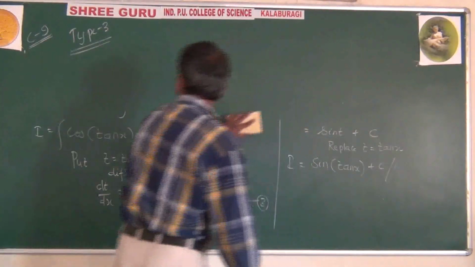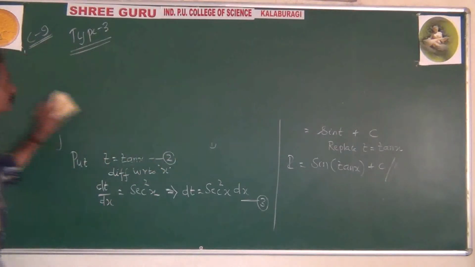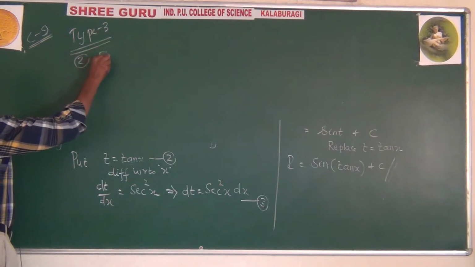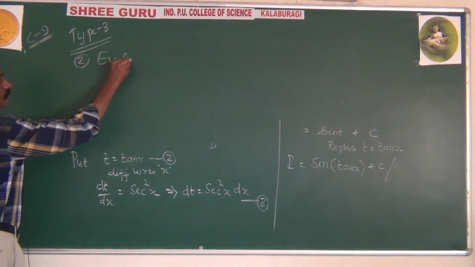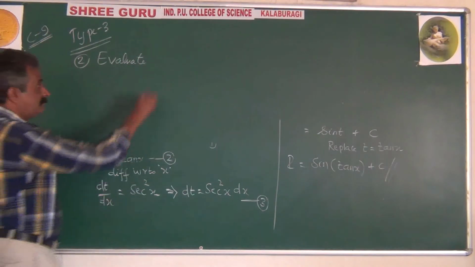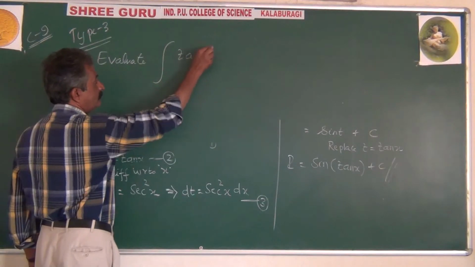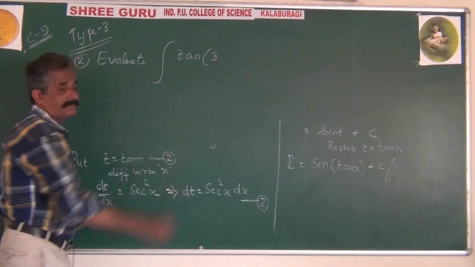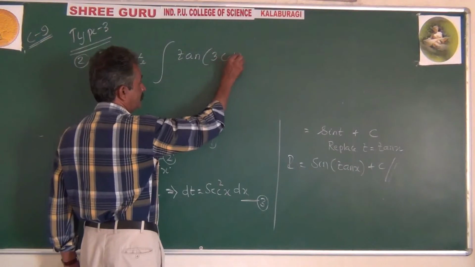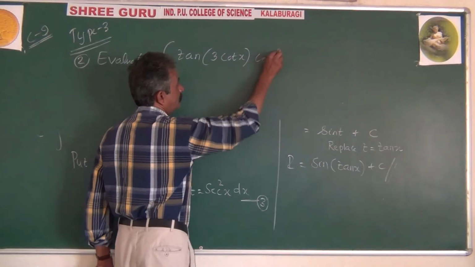Second question. Under method of substitution, evaluate integration of tan of 3 cot x into cosec square x dx.